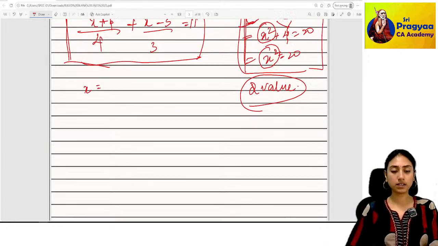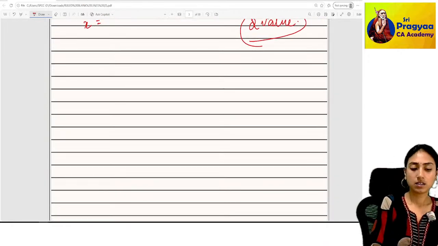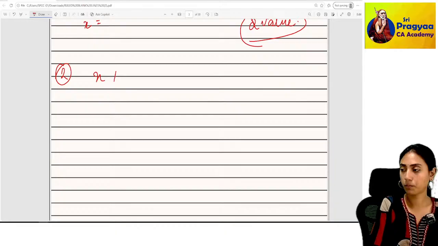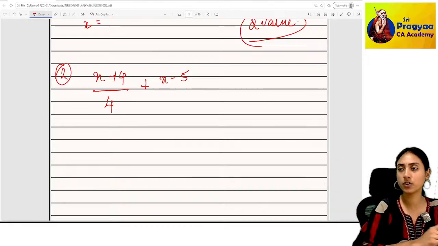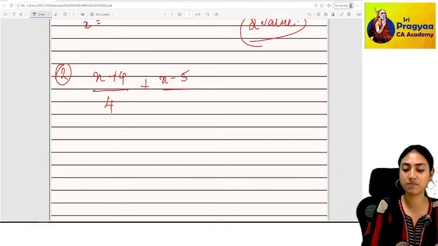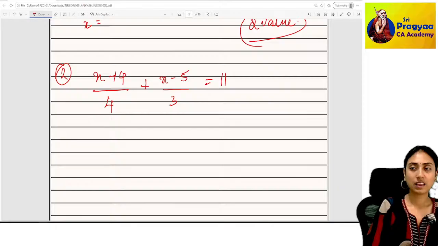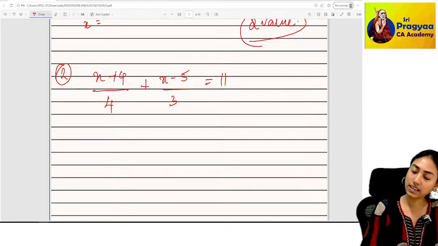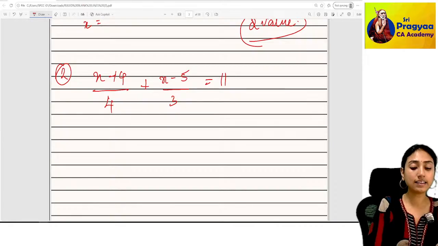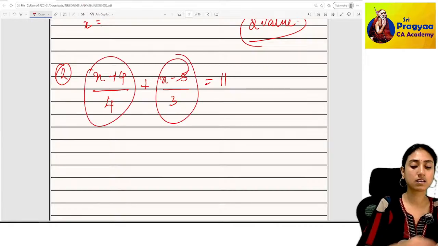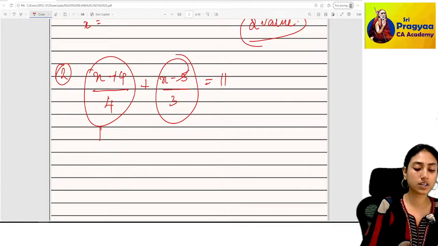Okay, so coming back to this problem. Here is where all your 5th standard, 4th standard math is going to come into place. What's an LCM? So here, can I add these two terms? These are the first term of an equation. This is one term.